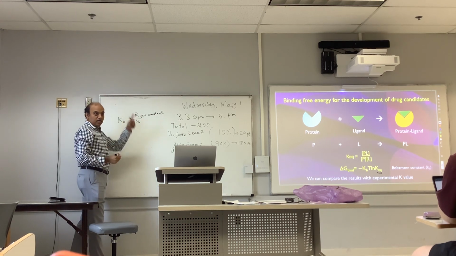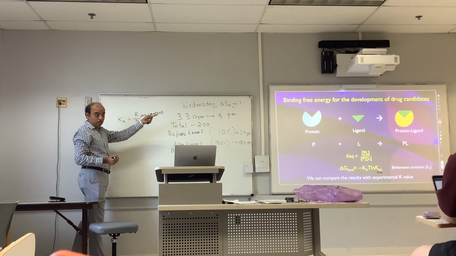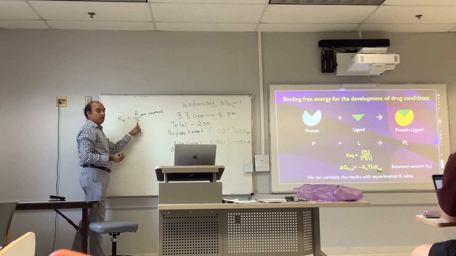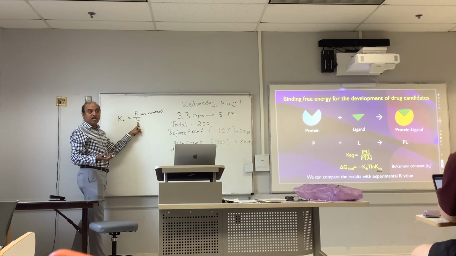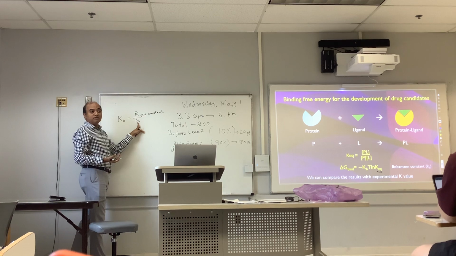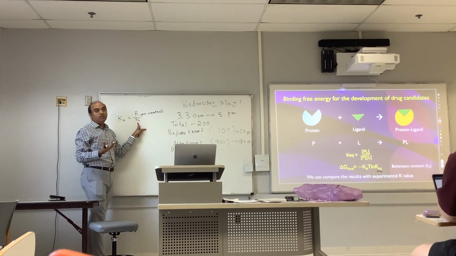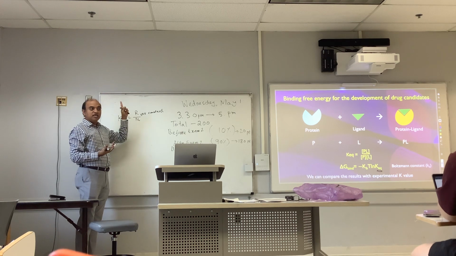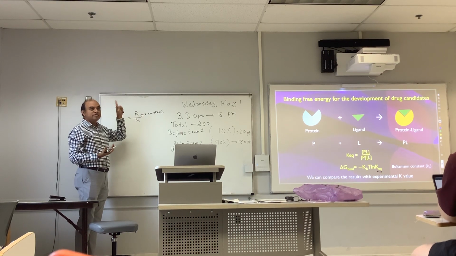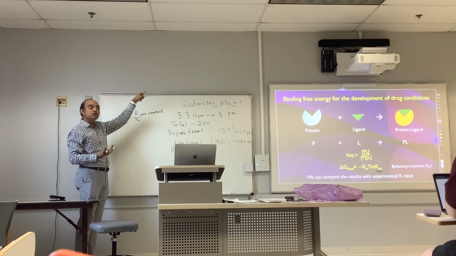The gas constant never changes. Avogadro's number is a constant value. What is Avogadro's number, guys? It starts with 6, right? 6.023 times 10^23.